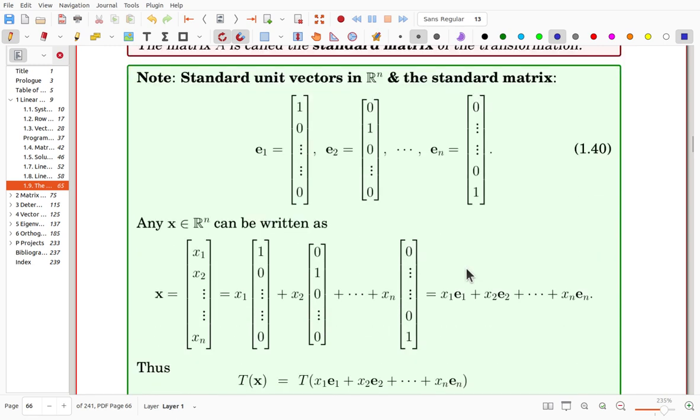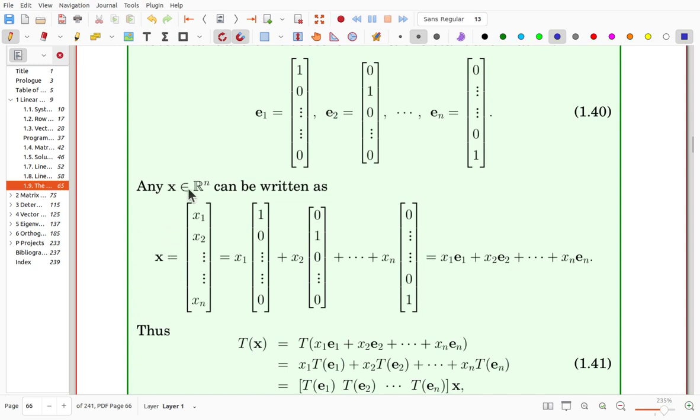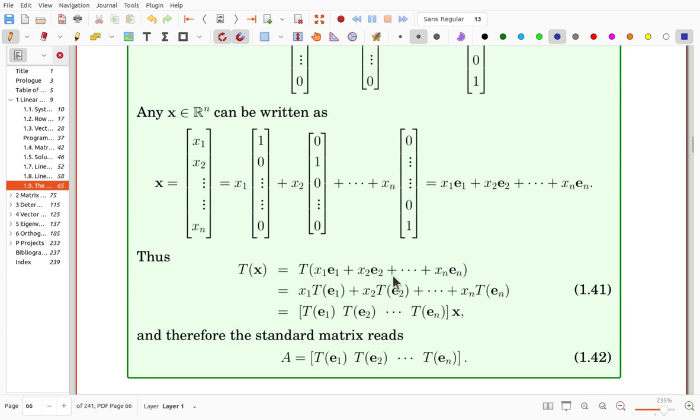Now we'll see this again. The standard unit vectors in Rn are given in this way. E1: only the first component is 1 and everything else is 0. E2 has the second component 1. En has the last one 1. Now any vector in Rn can be written as a linear combination of the standard basis. So T of x is the same as T of this linear combination.